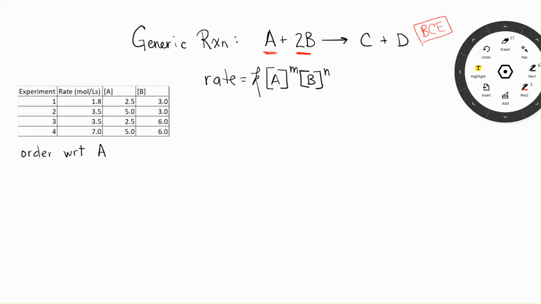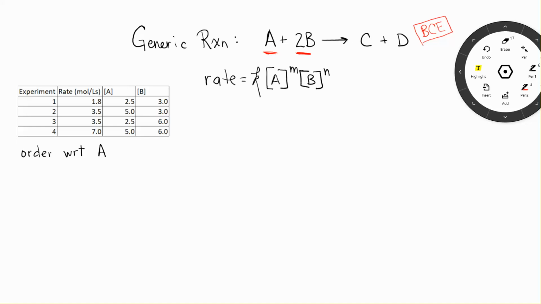We want to know how the rate changes when only the concentration of A changes and when B is held constant. So looking at this, we can see that in experiment 2 and in experiment 1, the concentration of B is held constant. The concentration A has been doubled.